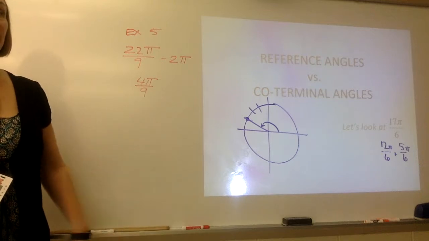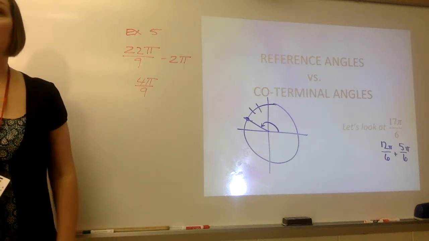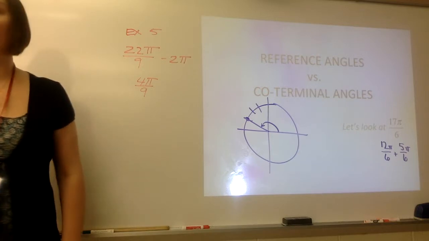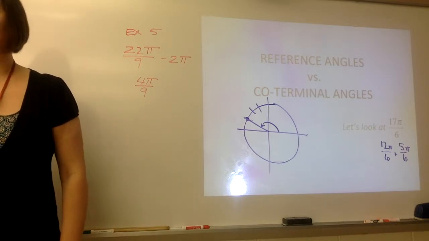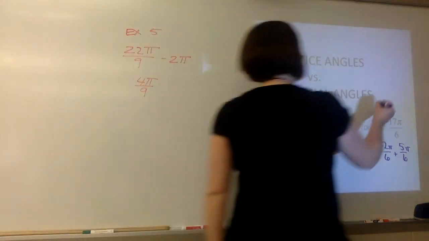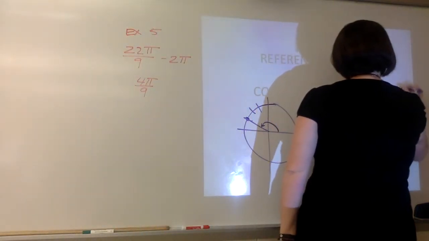Just that swoop, if I don't do the full revolution, which is in what in radians? 5 pi over 6. So the coterminal angle would be 5 pi over 6.